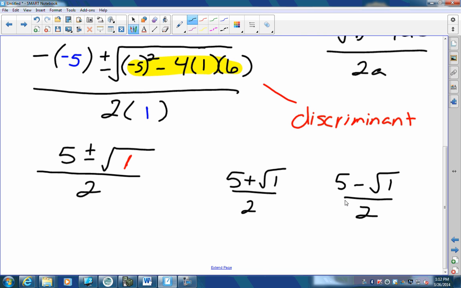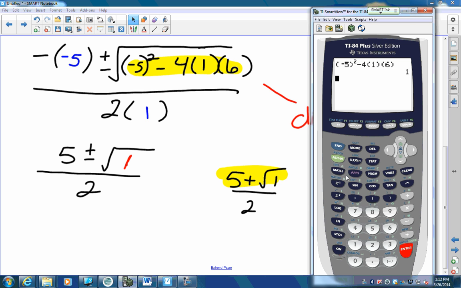Now we need to find, we're almost done, actually. Put the top in the calculator. So in here, I'm going to put 5 plus the square root of 1, and I want you to press enter.